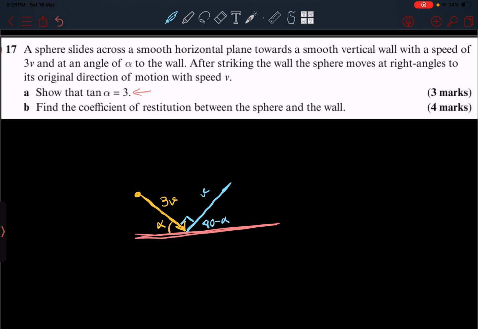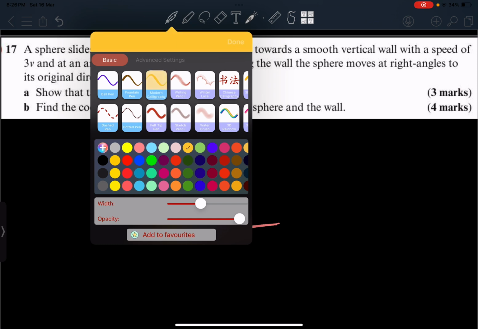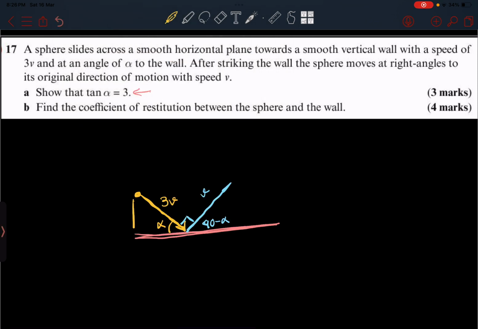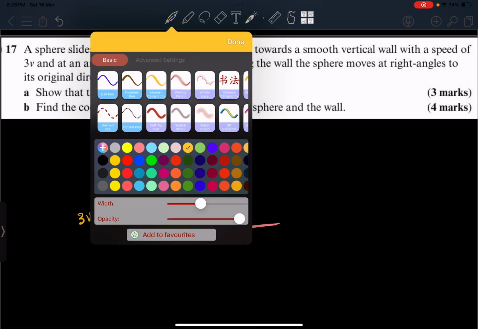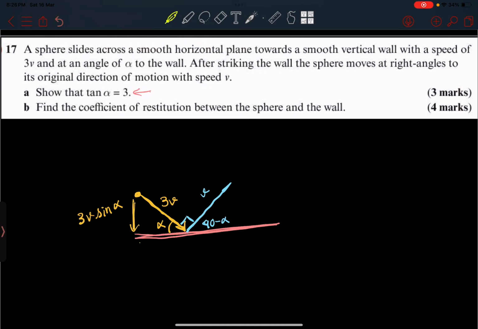Alright. Things that we know: this would be 3v sine alpha, and the horizontal component, the parallel component, would be 3v cosine alpha.